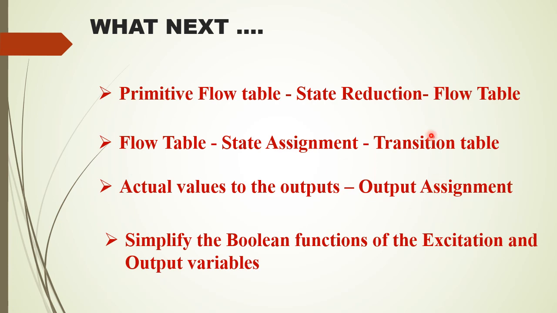And from this transition table that consists of the excitation variable along with the output, we will draw a K-map for it and get a Boolean function for the excitation variable and the output variable. And that completes our design of a particular given asynchronous sequential circuit from the design specification.